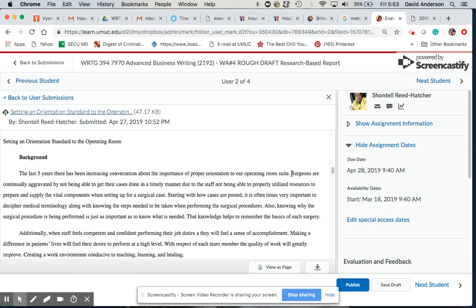It should read something like, over the last 5 years, there has been an increase in improper orientation to the operating room suite, period. An increase in conversation, I'm not sure what you're talking about. Are you talking about employees complaining about it? Or are you talking about management saying, hey, we've got to do something about it? So make sure that you're very clear with that and double check grammar.